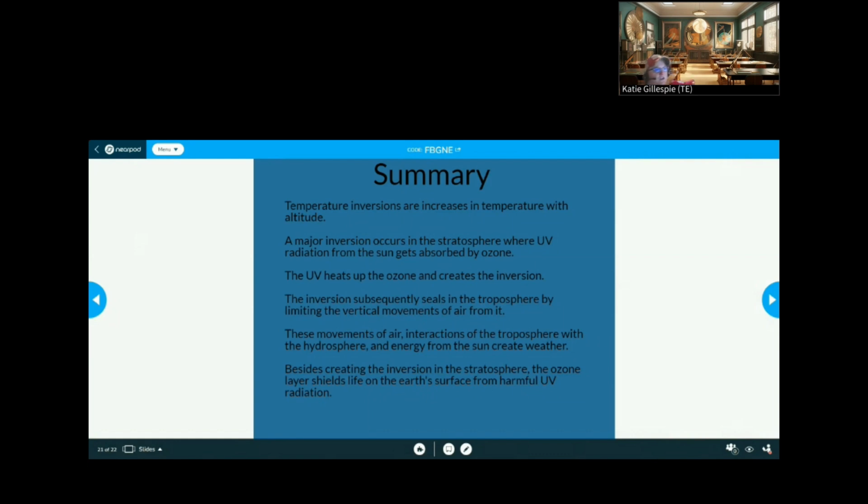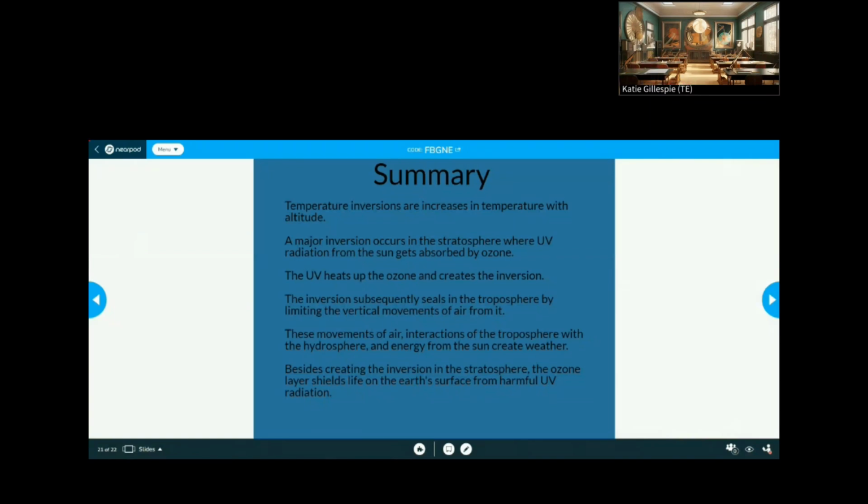Major inversions occur in the stratosphere. That's where the ozone layer is, and that's where UV radiation is absorbed. UV heats up ozone, creates the inversion. Inversion subsequently seals the troposphere, which doesn't allow that vertical movement of air. Again, it traps in that cooler air, so it holds it down because, of course, it's hotter.